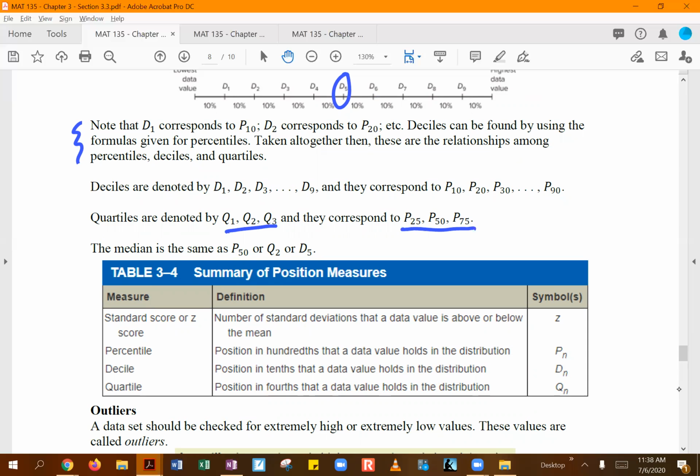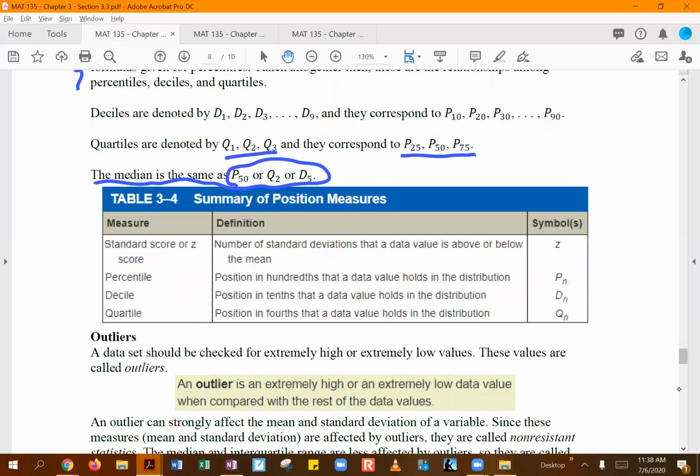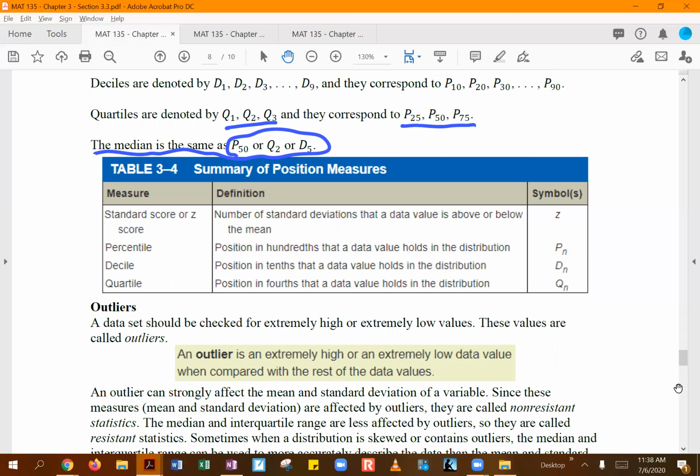But your median can be calculated by using the 50th percentile, quartile 2, or decile 5. All of those would correspond to the same exact data value. So it's really just percentiles being broken down into quartiles and deciles. Here is a summary of all the different measurements of position in this table.